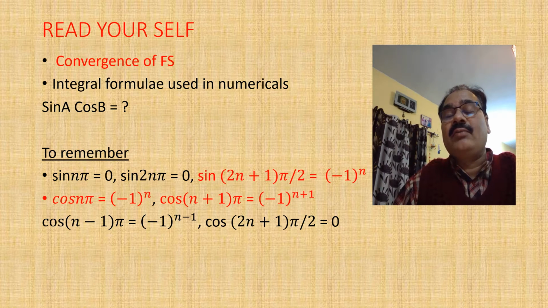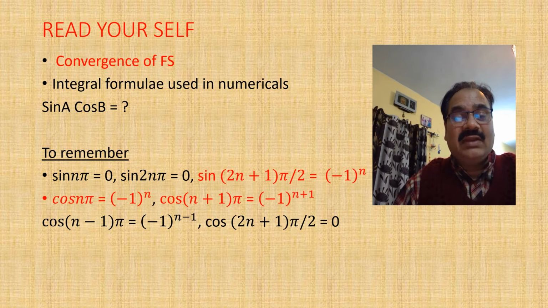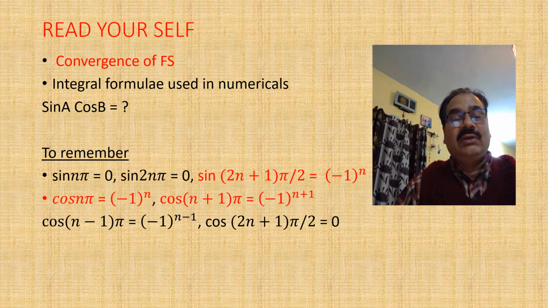And just for the computational process, as I discussed in the first PPT also, you should revise the previous 10th and plus 2 level mathematical formulas, like the values of twice sine a cos b, twice cos a cos b, twice sine a sine b, and twice cos a sine b. In addition, you must remember these values, which are very useful in discussing sine Fourier series: sine n pi is 0, sine 2n pi is 0.